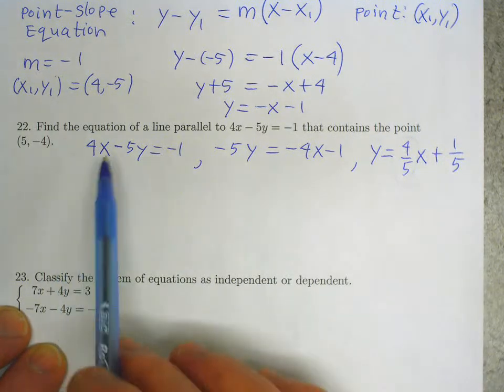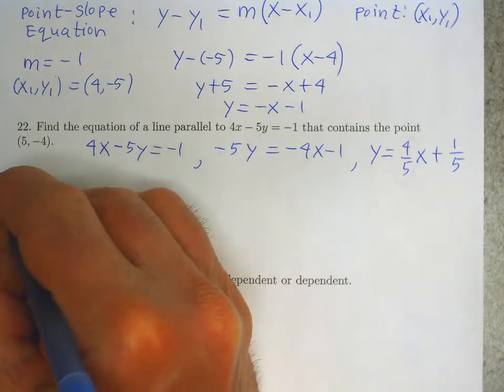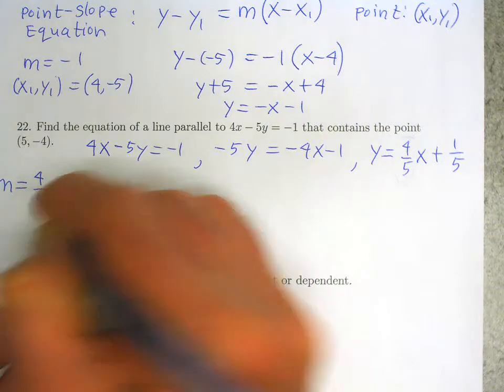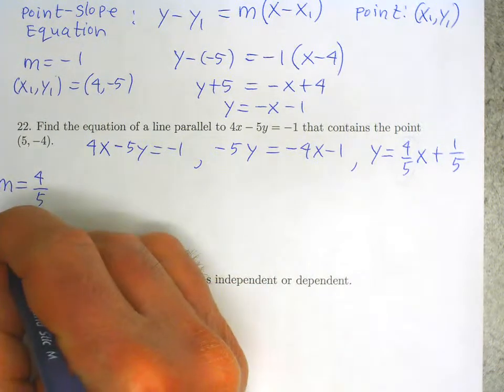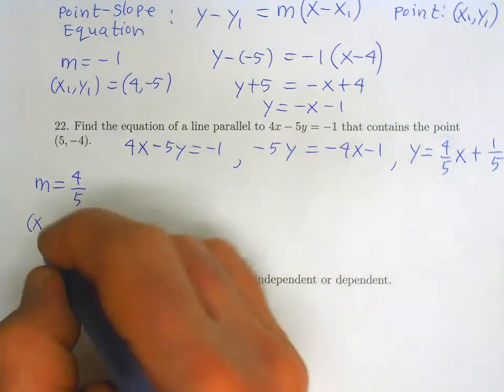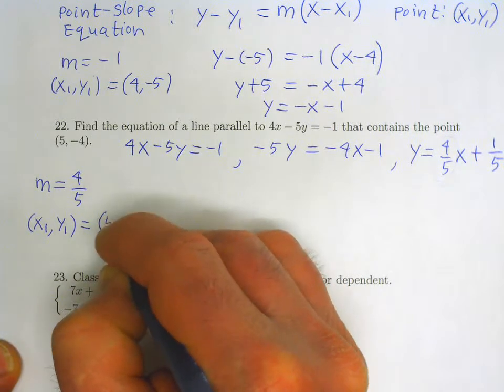So the equation of this new line that's parallel to the given line has a slope that's also 4/5 because the two lines are parallel. And then the point that the line passes through, x1, y1, is given to be 5, negative 4.